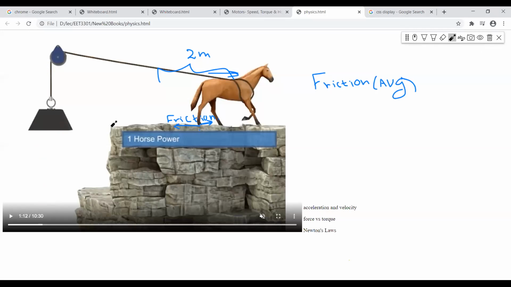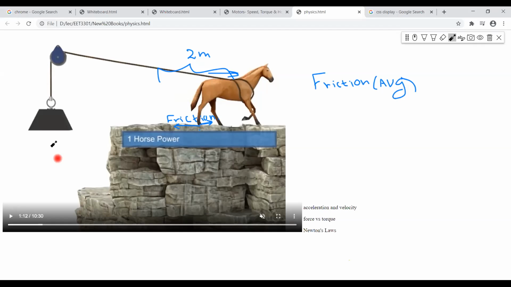So somehow in this direction, it cannot be exactly 2 meters. It has to be something roughly equal to 5 meters, but let's assume, right? For this case, let's assume.